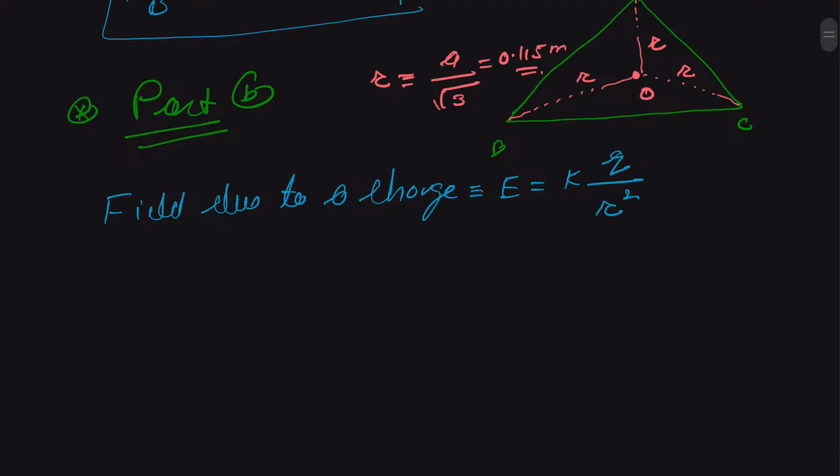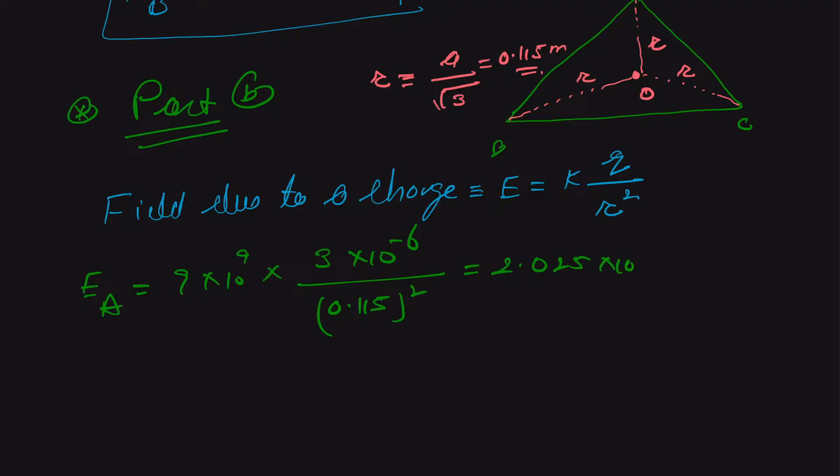So using this formula we can easily find our electric field because of A, and that will be equal to 9 into 10 to the power 9, and Q is our 3 into 10 to the power minus 6, and R is 0.115 whole square. So this comes as 2.05 into 10 to the power 6 Newton per Coulomb.